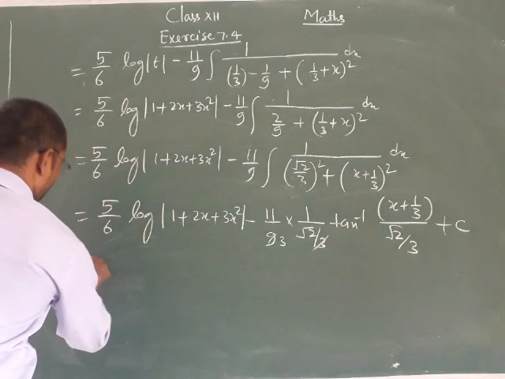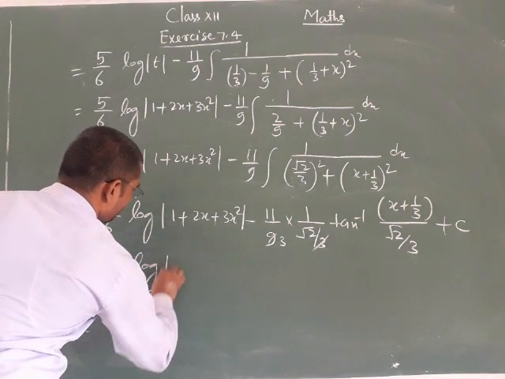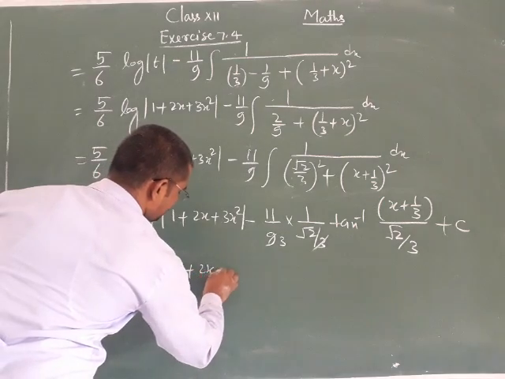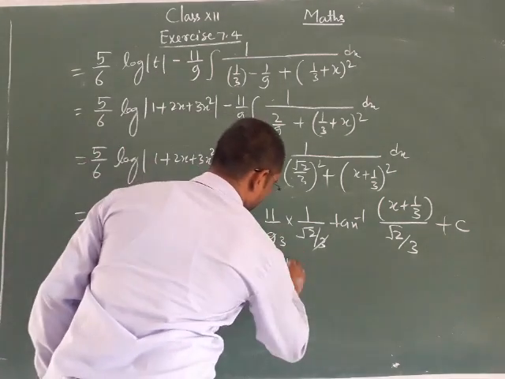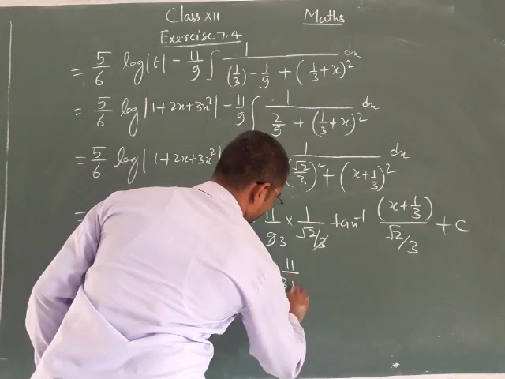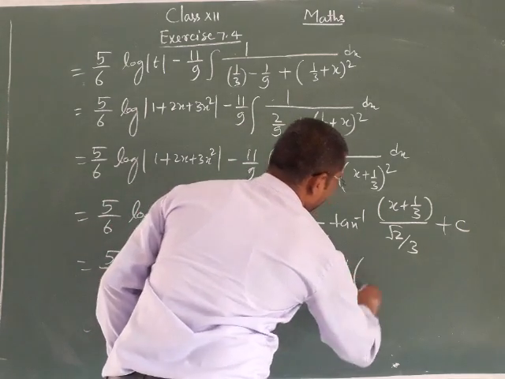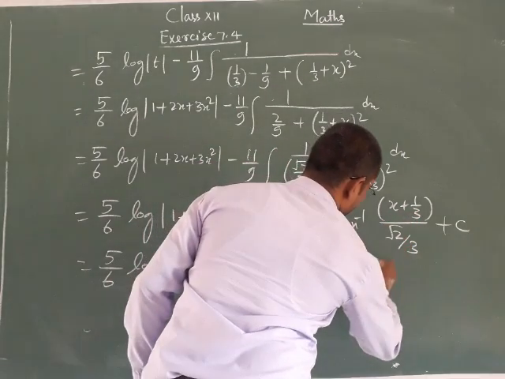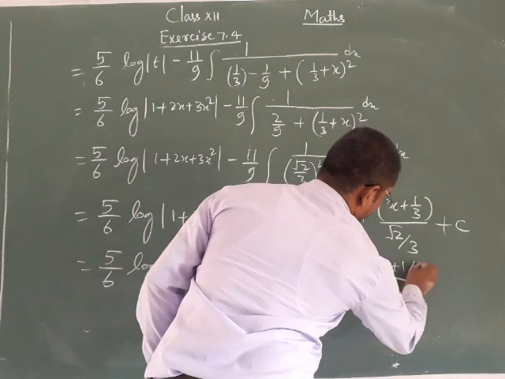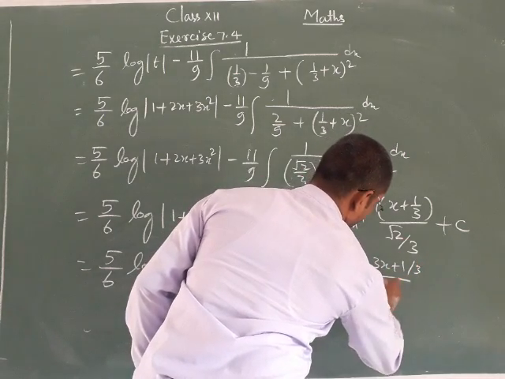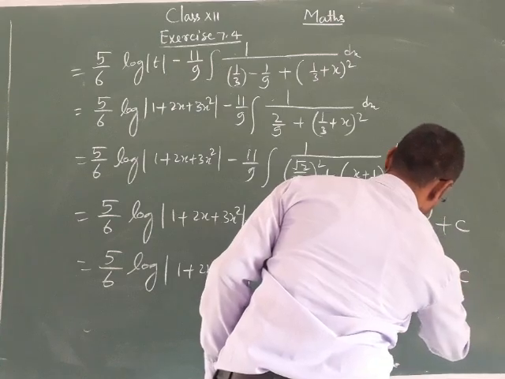So also 5 upon 6 log 1 plus 2x plus 3x square minus 11 upon 3 root 2 and tan inverse, taking common 3x plus 1 upon 3 and root 2 upon 3 cancel out, and plus c.